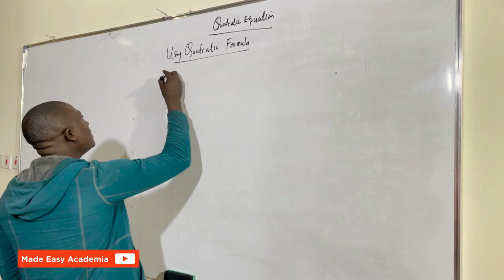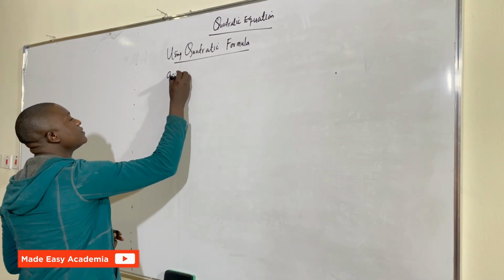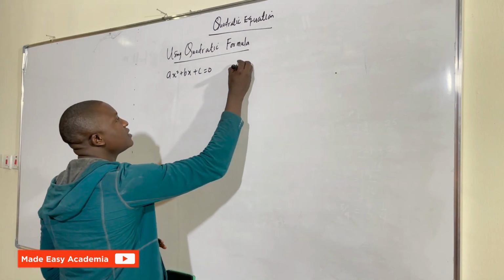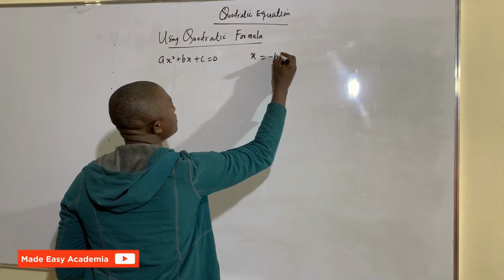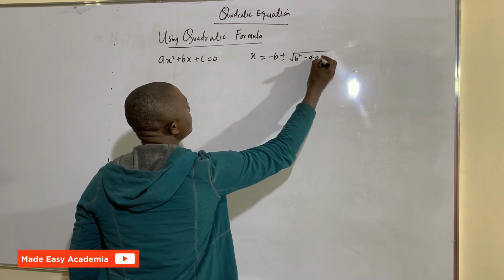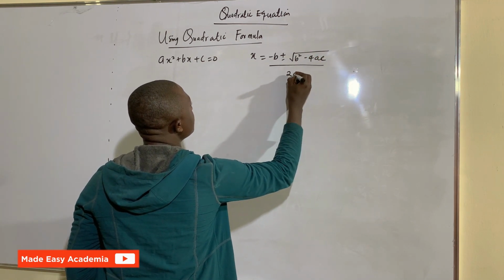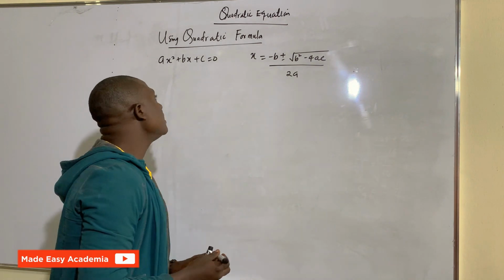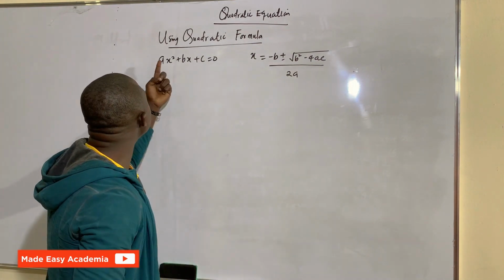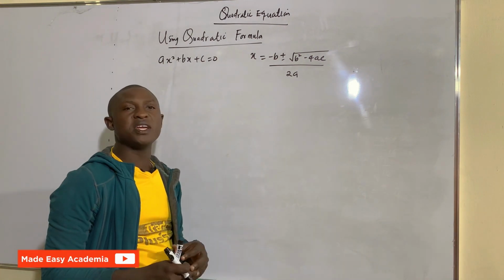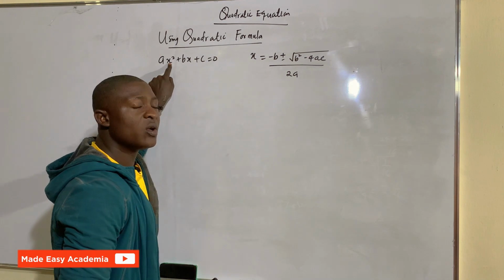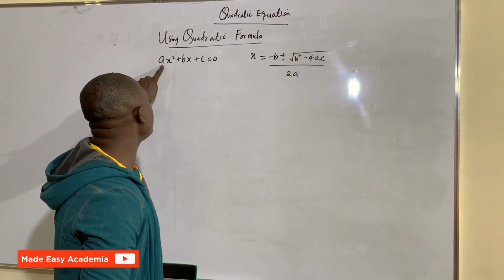Now, for example, the formula is given as this: x is equal to minus b plus or minus square root of b square minus 4ac over 2a, if you use the completed square method. What this is telling us is that any value, it might be either y squared or p squared, anything, any value we have beside our x squared is always our a.